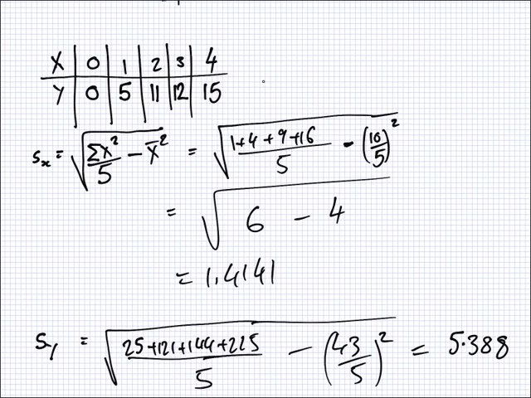Now I'll need your help with the SXY. That was sum x, sum y over 5. So the total x times the total y over 5, minus the two averages.